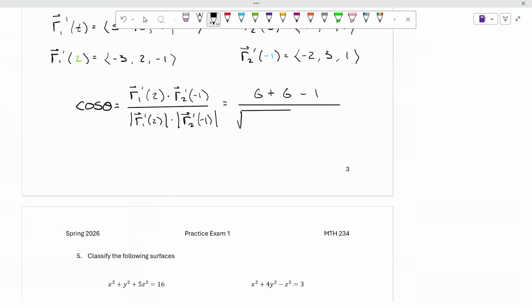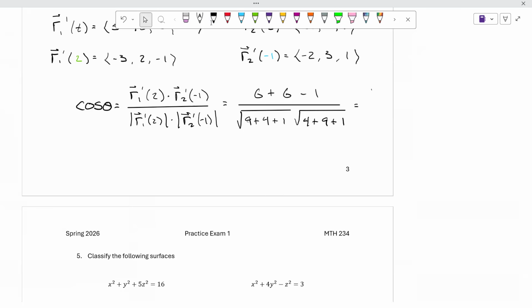a couple of magnitudes. One of those is the square root of 9 plus 4 plus 1. The other is the square root of 4 plus 9 plus 1. Both of those look to me like they're going to be the square root of 14. Square root of 14 times itself will be just 14.